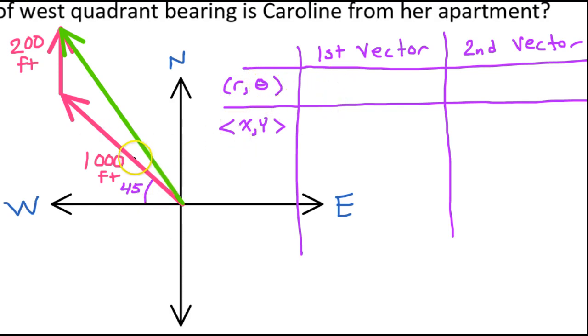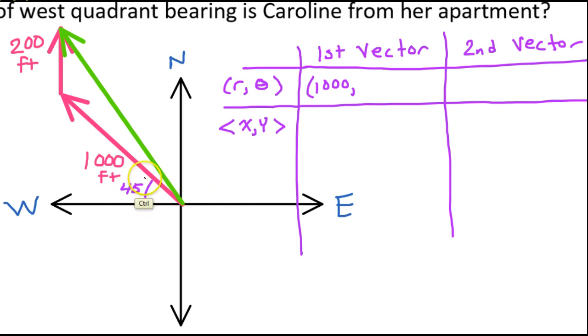So look at the first vector. We need the magnitude and the direction. We have to be a little bit careful here. The magnitude, of course, is 1,000, so we can safely write that down. Now, how about the direction theta? This 45 is not the direction that we need. We need the direction measured from east.